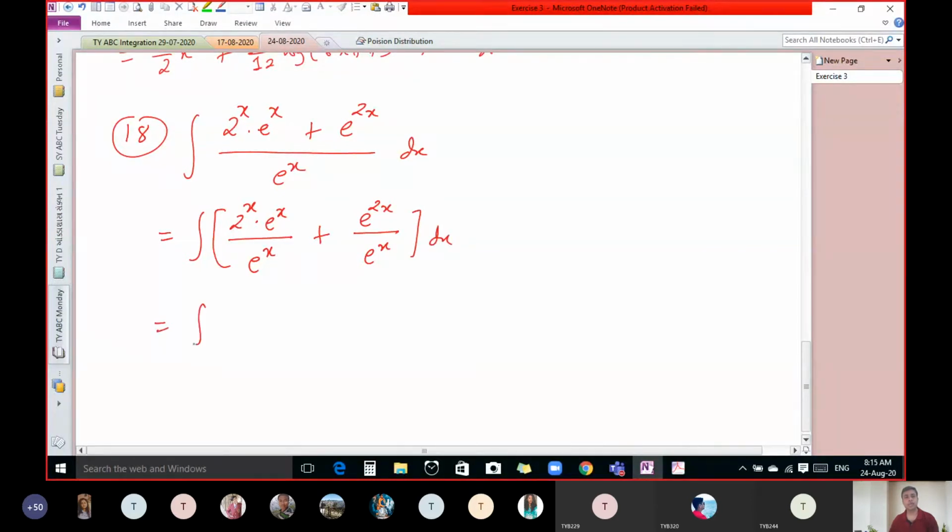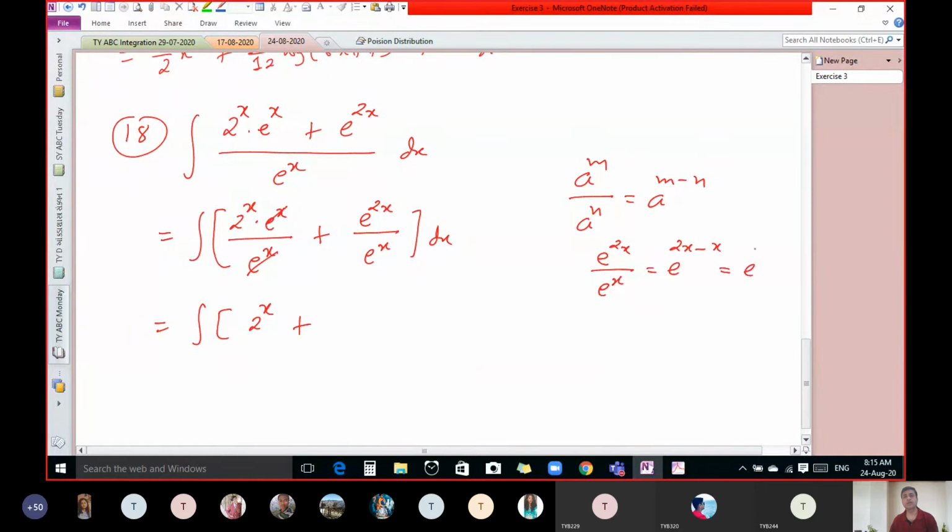Now if we cancel e raised to x, we get only 2 raised to x, plus there is a simple rule: a raised to m upon a raised to n, the answer is a raised to (m minus n). So here e raised to 2x upon e raised to x, the answer is e raised to (2x minus x).